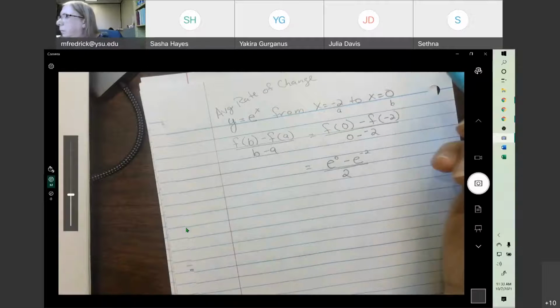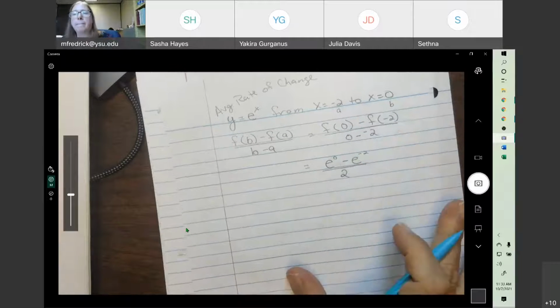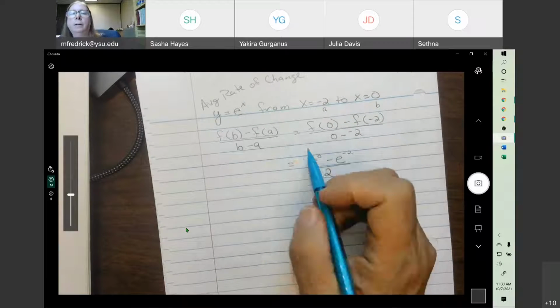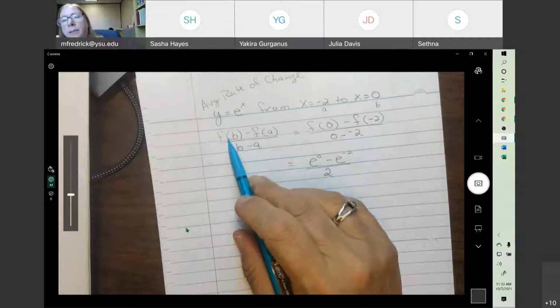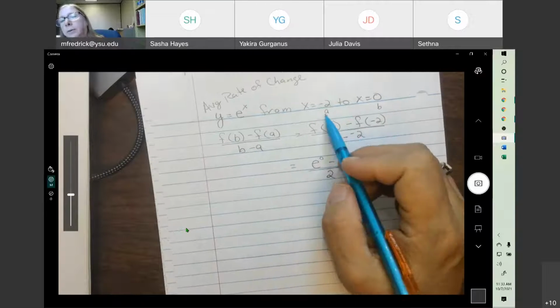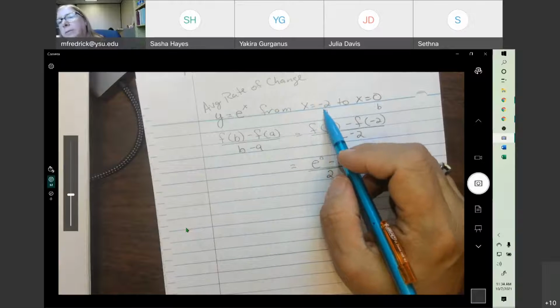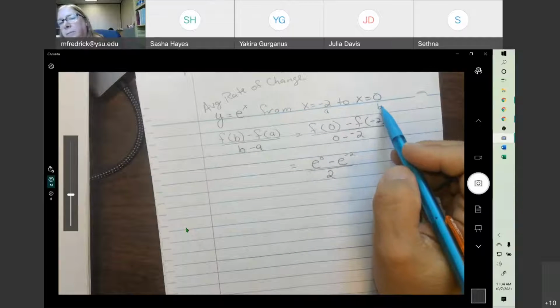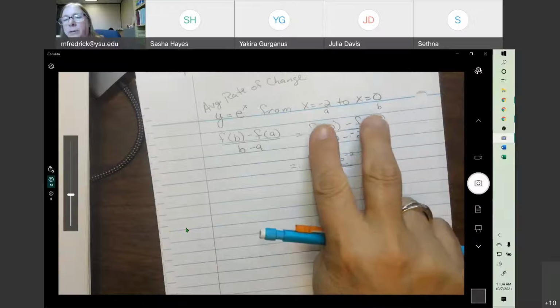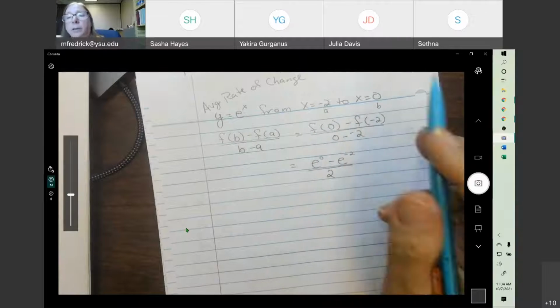Now, I'm plugging it in this way. F of B minus F of A over B minus A goes from A to B. So A would be -2, B would be 0. If you switch them, it's fine as long as you do the opposite in both, just like the slope.